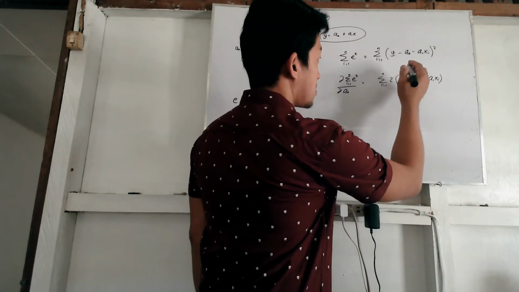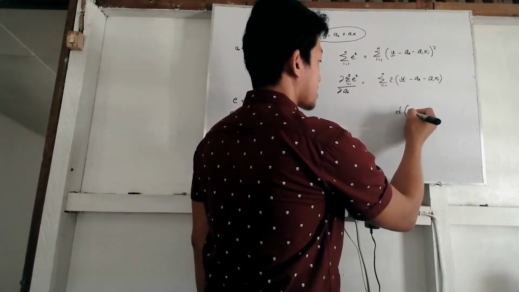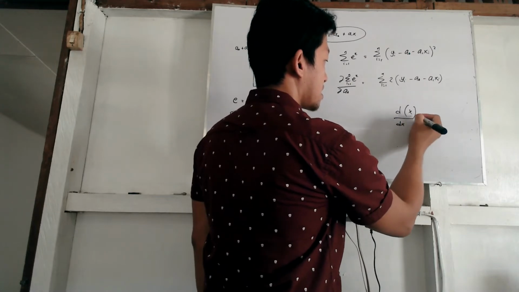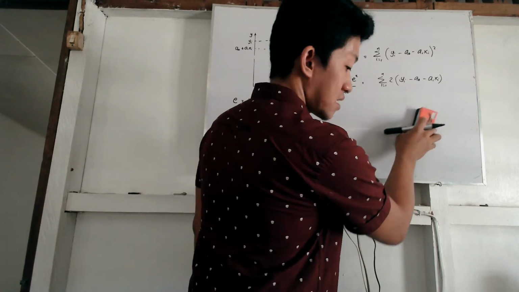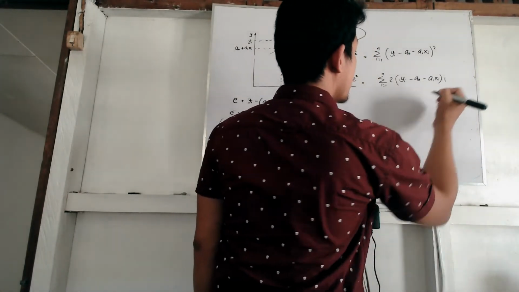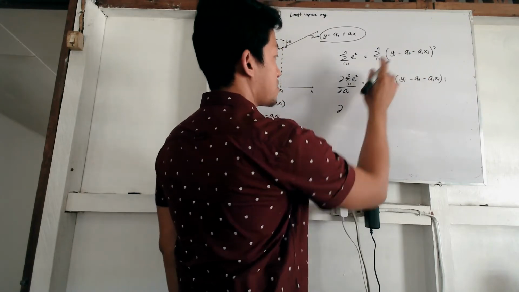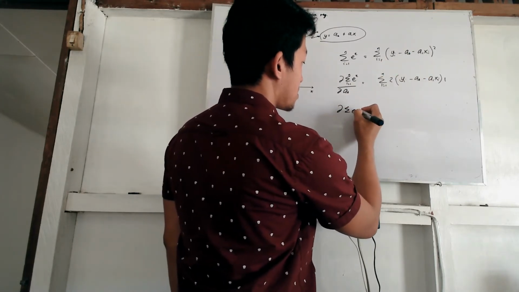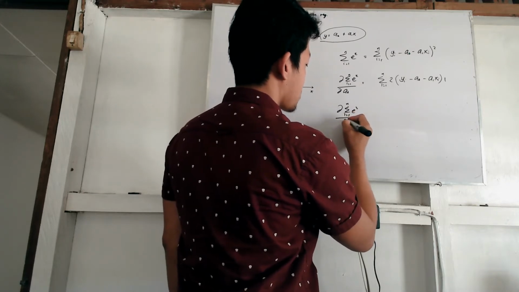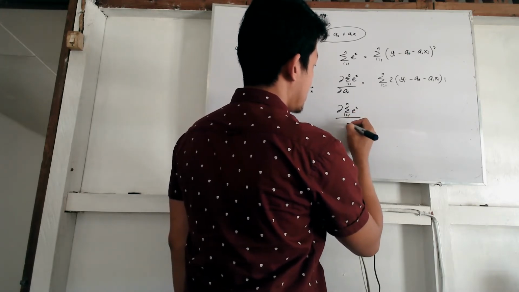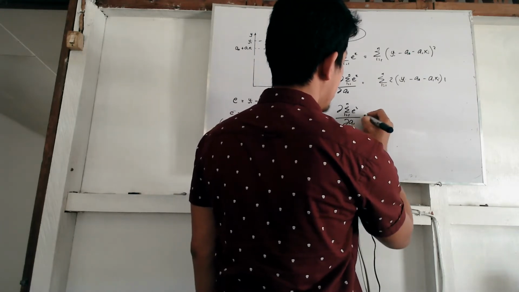Diba? Differentiate nimo ang x with respect to the x 1 ra na. So the same way 1 ra na siya times 1. Okay? And then na po nimo with respect to A1. Okay?